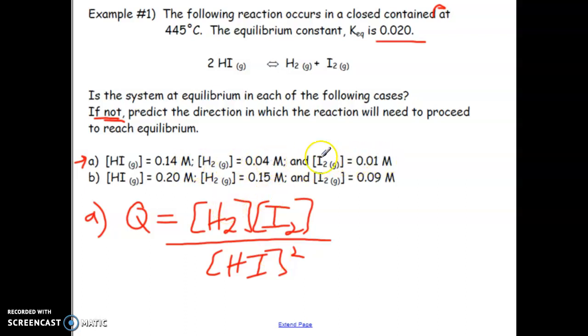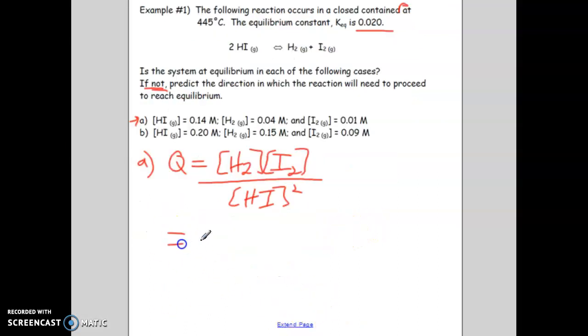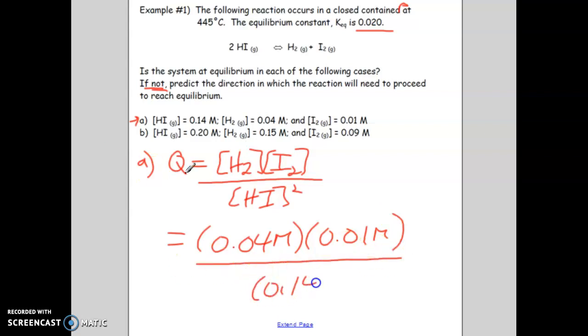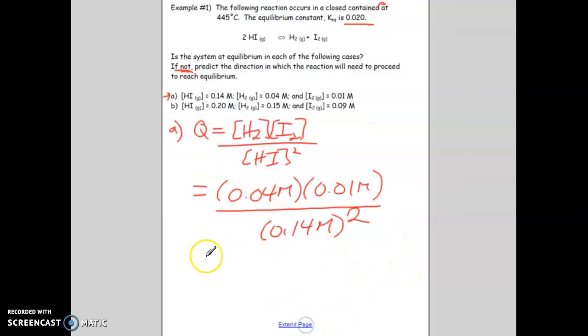So we have our hydrogen, our iodine, and our HI. So let's do that. We have 0.04, and then 0.01 over 0.14 squared. Okay, so when you calculate this out, we get a value of 0.02.